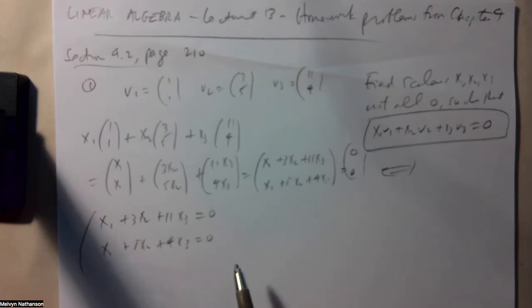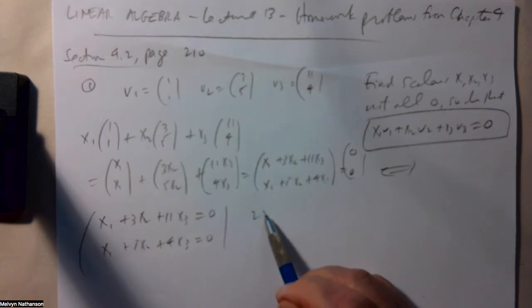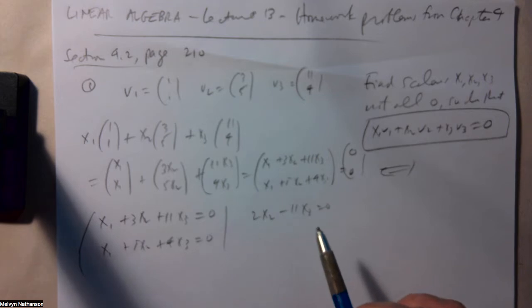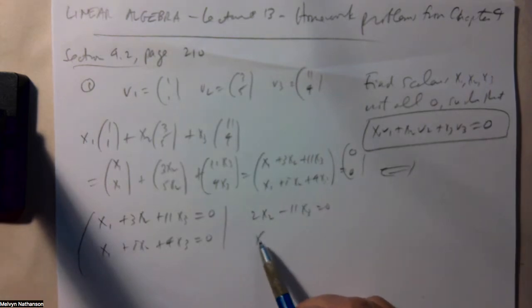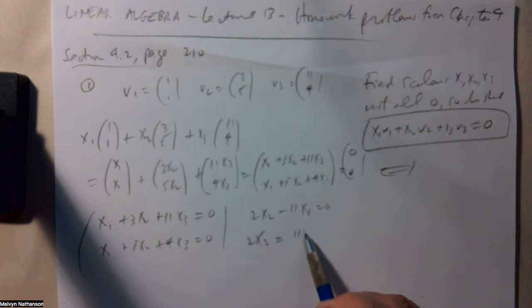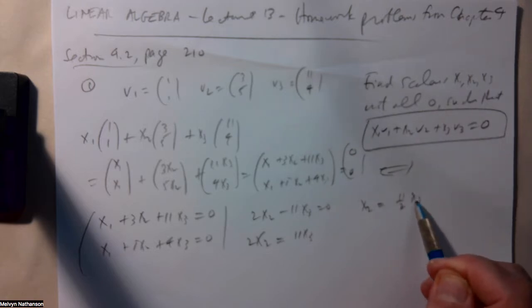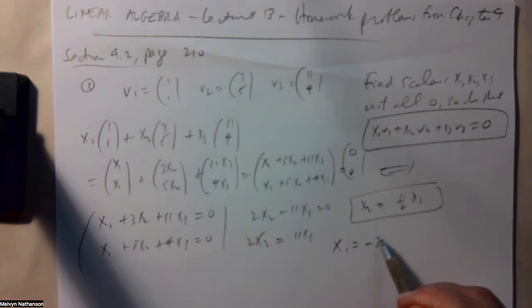So we have to solve the system of two equations and three unknowns. Now this is high school algebra, so you can solve these equations any way you like. For example, if you subtract the first equation from the second, you get 2x2 minus 11x3 equals 0. So that says that whenever you solve the system, 2x2 has to equal 11x3, or x2 is 11 halves x3. And from the first equation, for example, x1 is minus 3x2 minus 11x3.